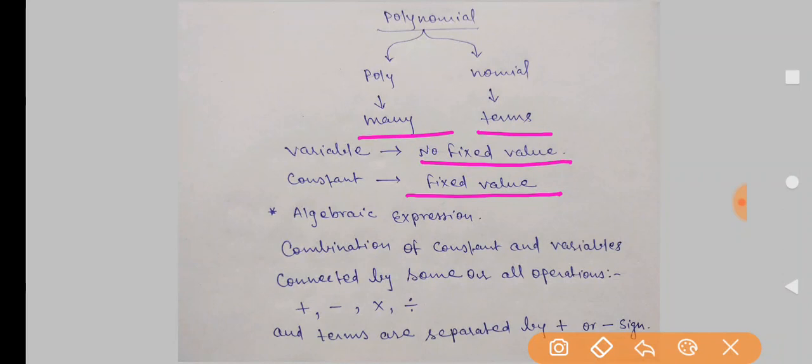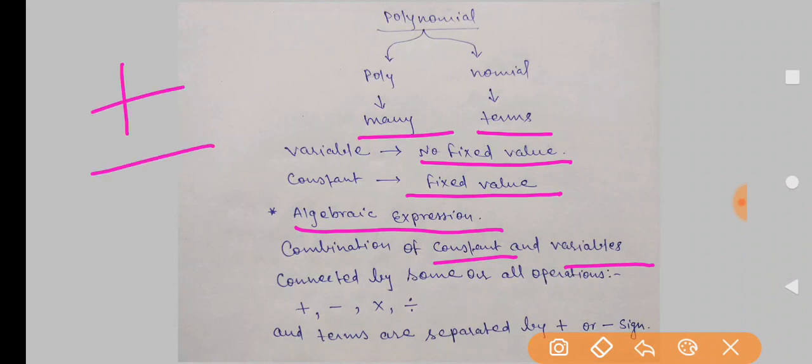Okay. Now we will understand algebraic expression. Then what is algebraic expression? Algebraic expression is the combination of constants and variables that are connected by some or all operations. Then what is operation? Operation means addition, subtraction, multiplication and division.